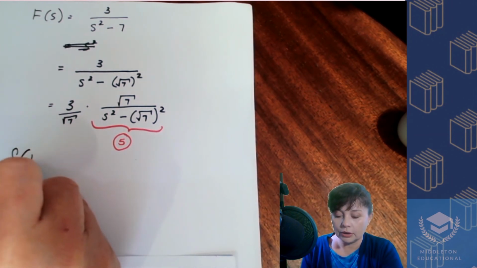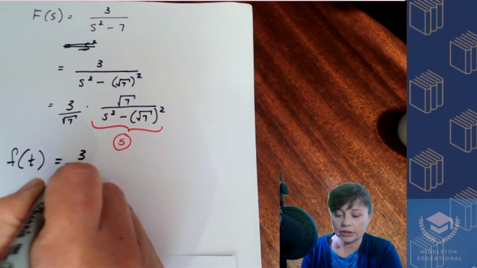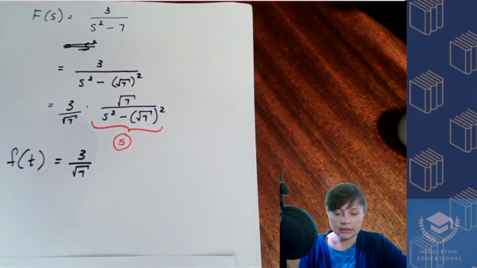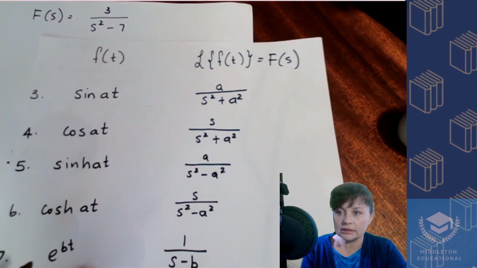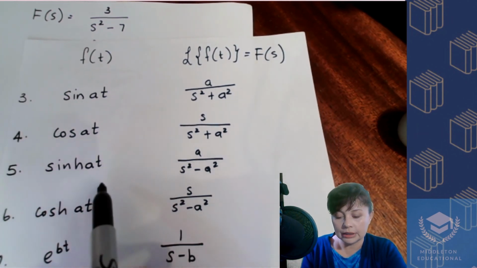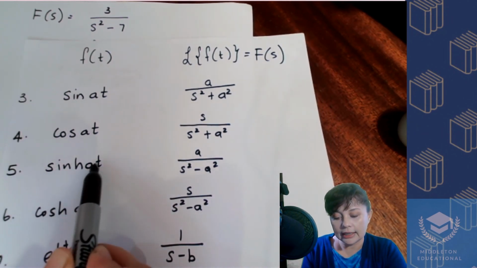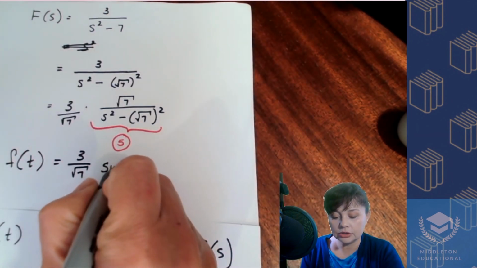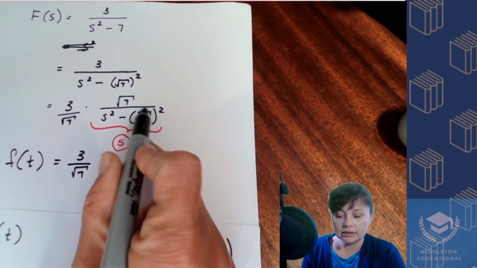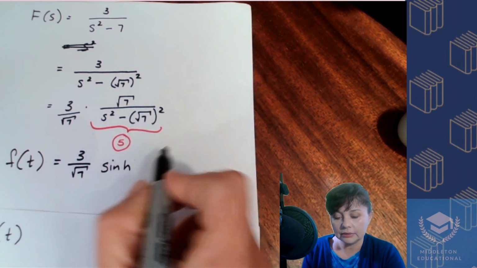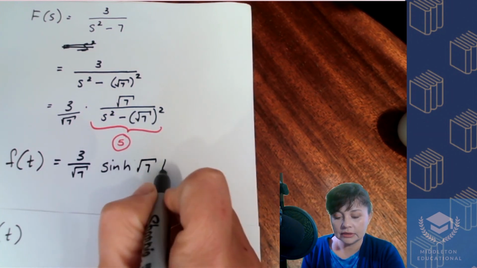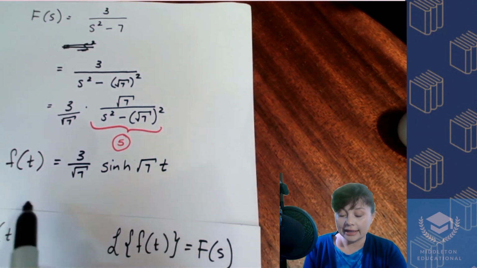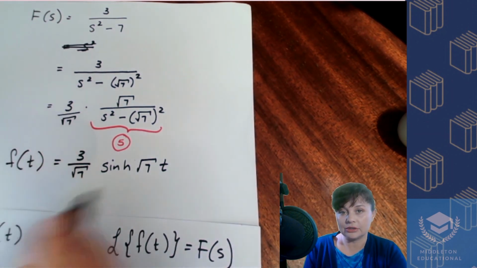So f of t is going to be 3 over the square root of 7, and let's just check what that is. It's going to be sinh at, so sinh, where a in this case is the square root of 7, times t. And that is your inverse Laplace transform.